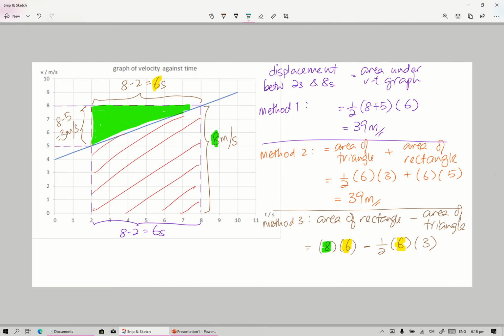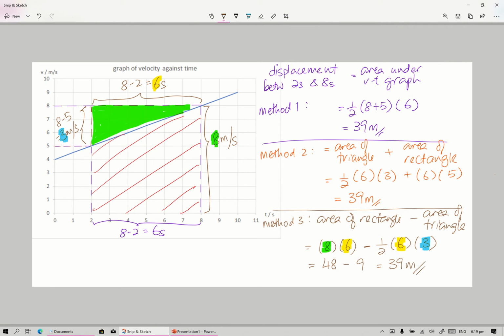And the 3. Okay? And you have 48 minus 9, which will give you 39 meters.